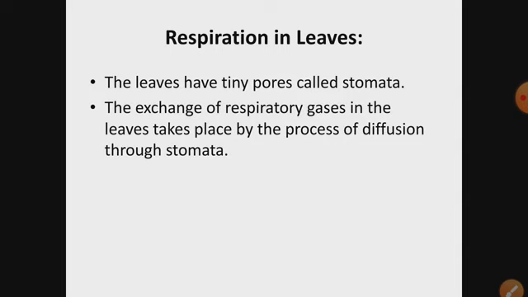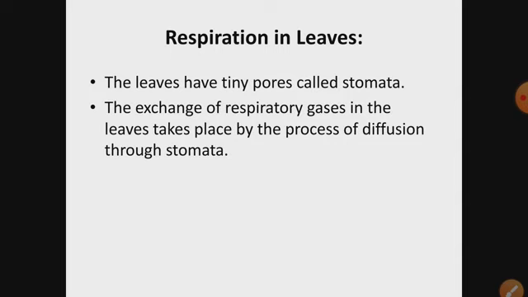If more stomata are present on the lower surface, it will prevent the loss of water by transpiration. Stomata are present on the upper surface also, but proportion wise more are present on the under surface, to reduce the rate of transpiration.